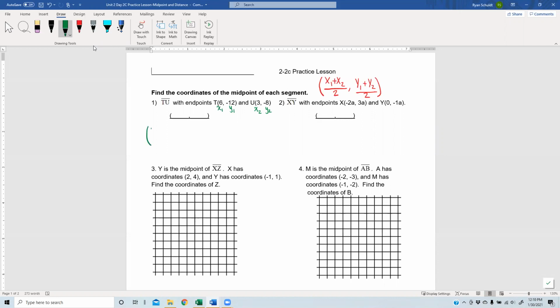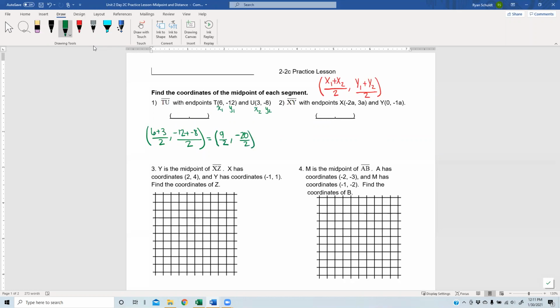So we're going to have 6 plus 3 divided by 2. And then -12 plus -8 divided by 2. Now 6 plus 3 is 9 divided by 2. -12 plus -8 is -20 over 2.